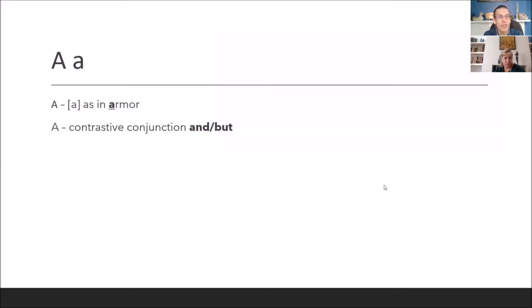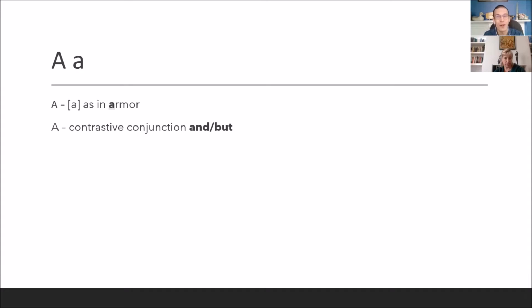For example, here is a letter A. Letter A. Could you please repeat after me? A. So A, here you can see a transcription, A as in armor. Congratulations.